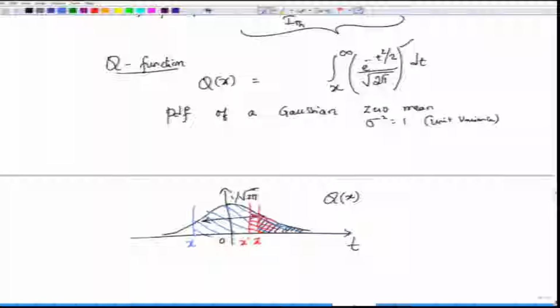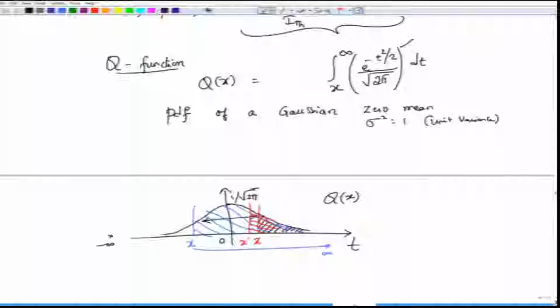So, by drawing different vertical lines and looking at the area under the curve beyond that particular line, from that point all the way up to infinity, that would be the definition of the Q of x function. If you make x equal to minus infinity and look at the area under this curve all the way up to t equal to infinity, that value will be equal to 1, because the area under the probability density curve must integrate to 1.